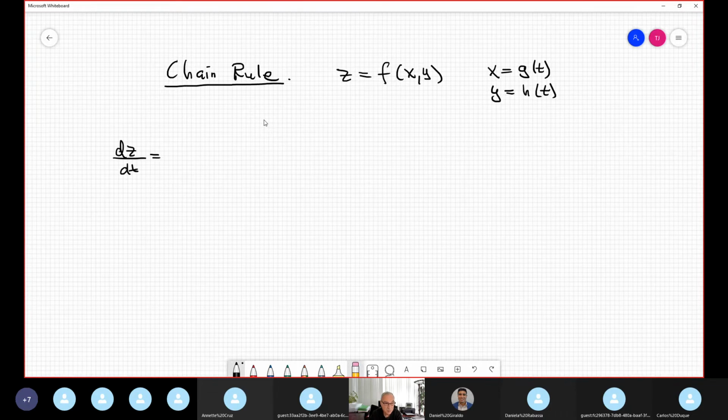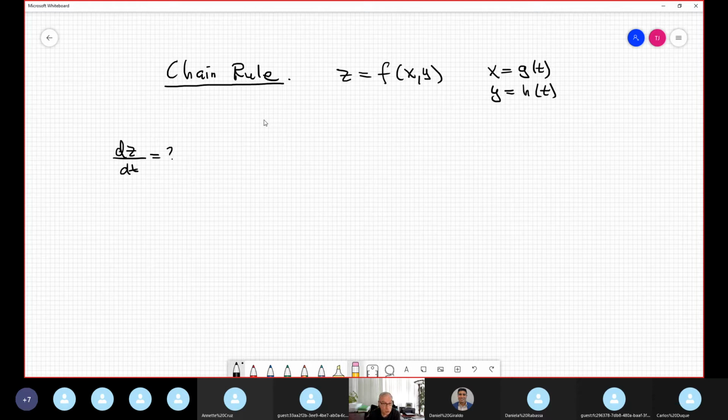This is the goal. We have a function that depends on two variables, maybe three, and each intermediate variable, x and y, depends on another independent variable, t.